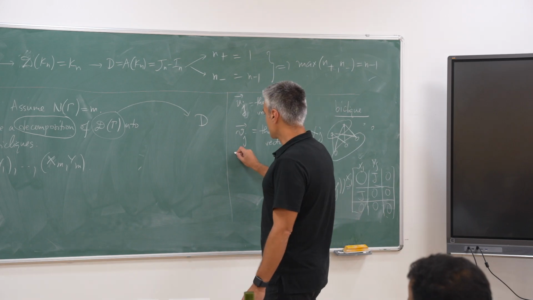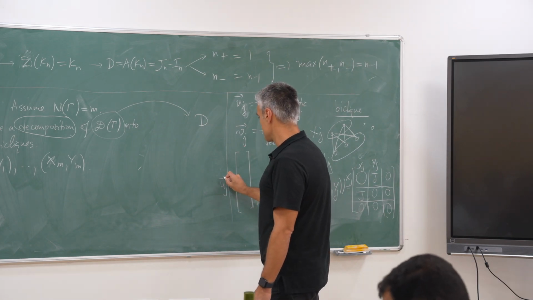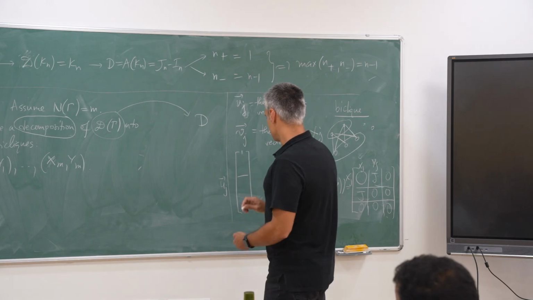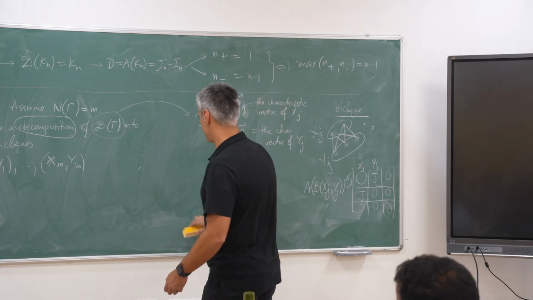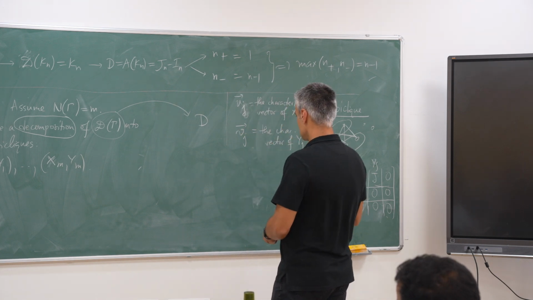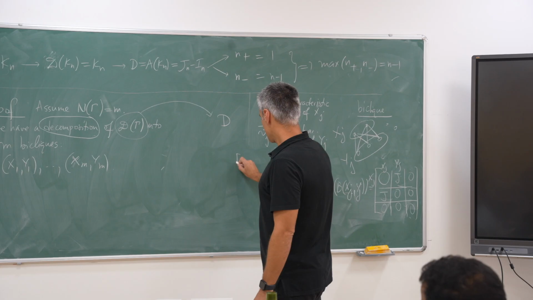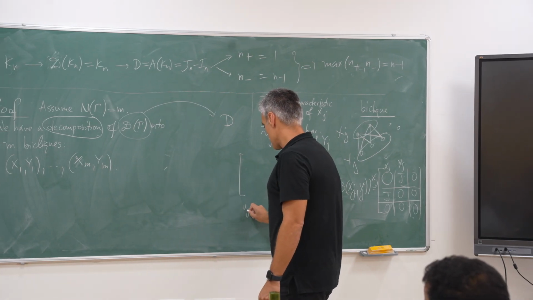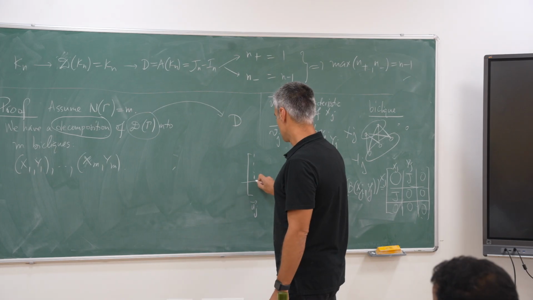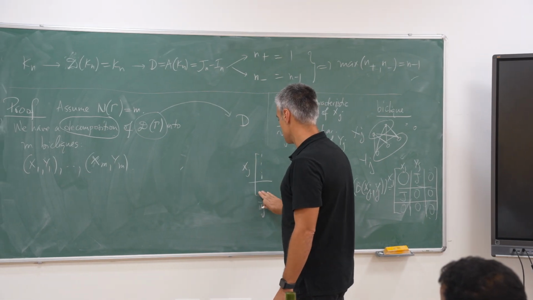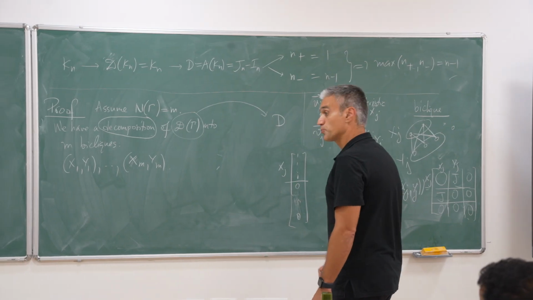So think about it like this: if I take my uj, this is uj. I have 1, 1, 1 where xj is, and I have 0 everywhere else.